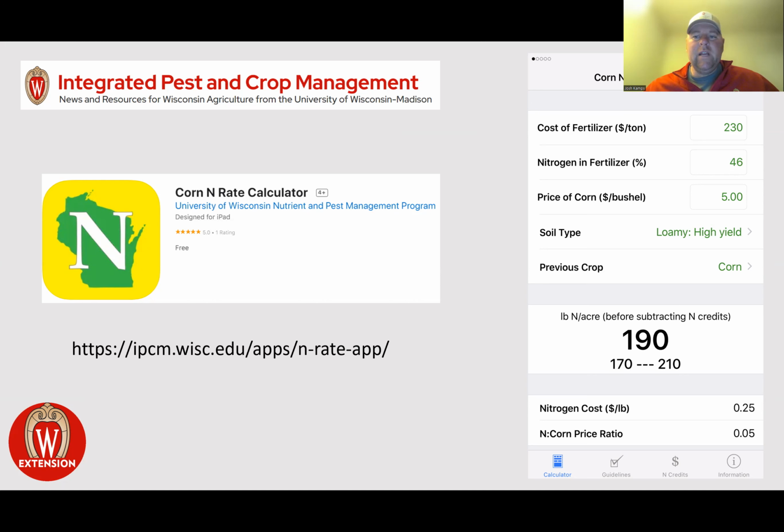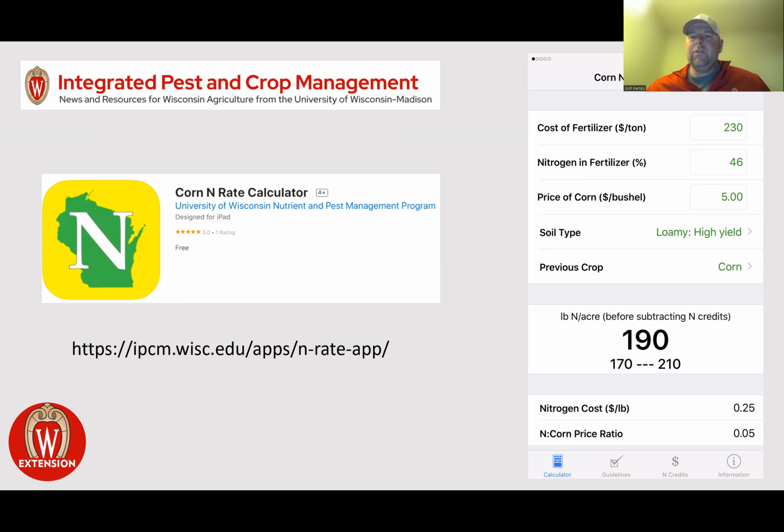There's an app for either an iPhone or an Android phone, where you can put in the fertilizer price, the price of corn, and the soil type, and you'll receive the nitrogen rate, which we need for the upcoming year.